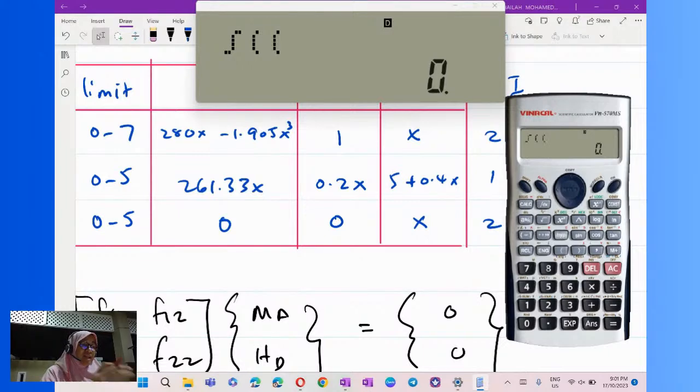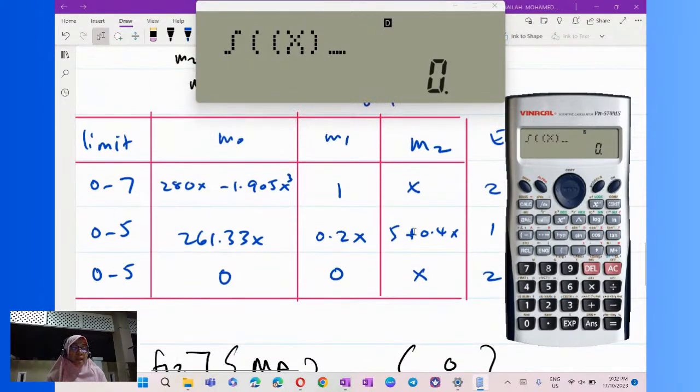It is x times 280x minus 1.905x cubed. M2 is x.